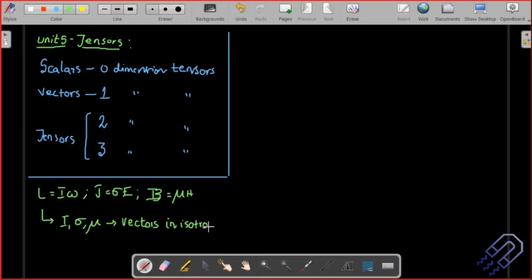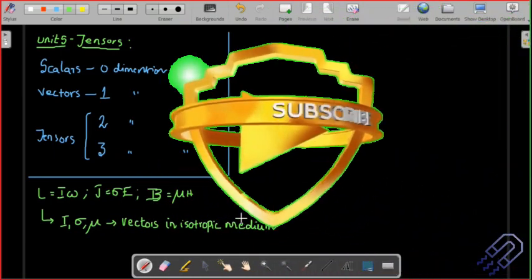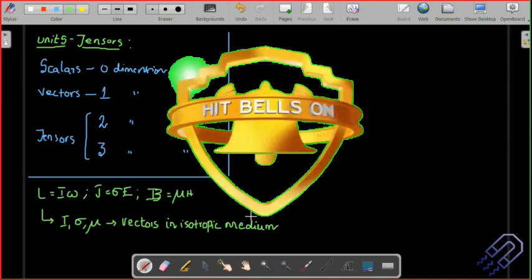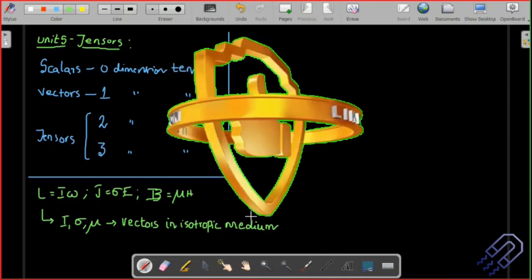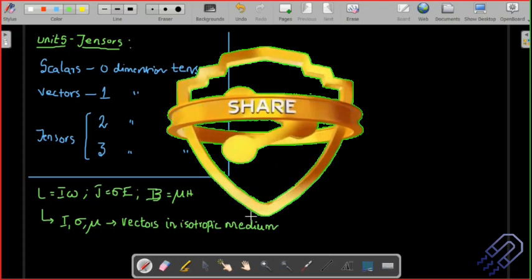We already know what we mean by isotropic. You have a property which is similar in all directions. If you are in a 3-dimensional space and you observe that the property or the behavior is the same in all directions, you say that it is more or less an isotropic medium. If you're standing somewhere, you have the same amount of air surrounding you, you are basically in an isotropic space.